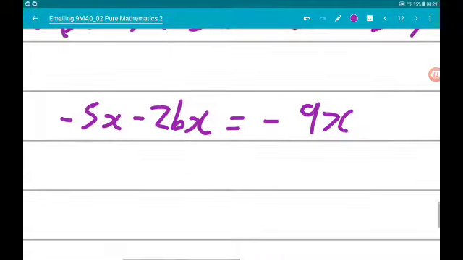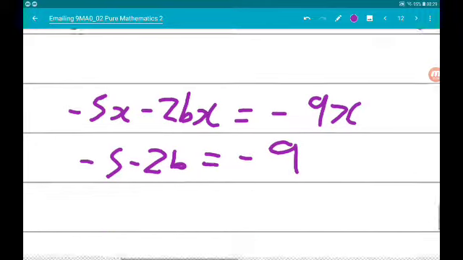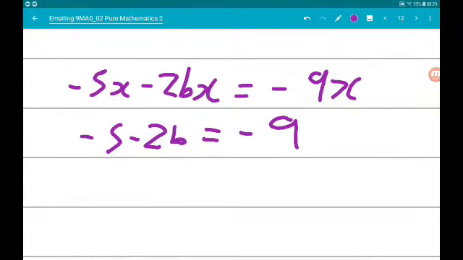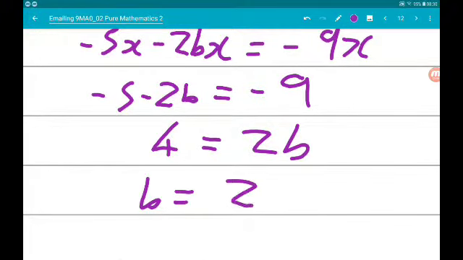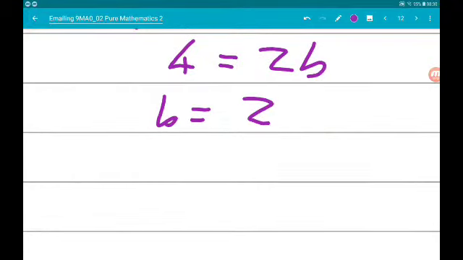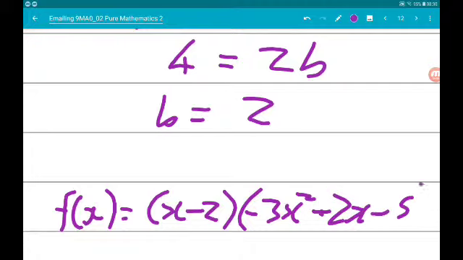So if we divide through by x, minus 5 and minus 2b is equal to minus 9. Now if we add 2b and add 9, we get 4 is 2b. So b is 2 and f of x is x minus 2 times minus 3x squared add 2x minus 5. Cool.